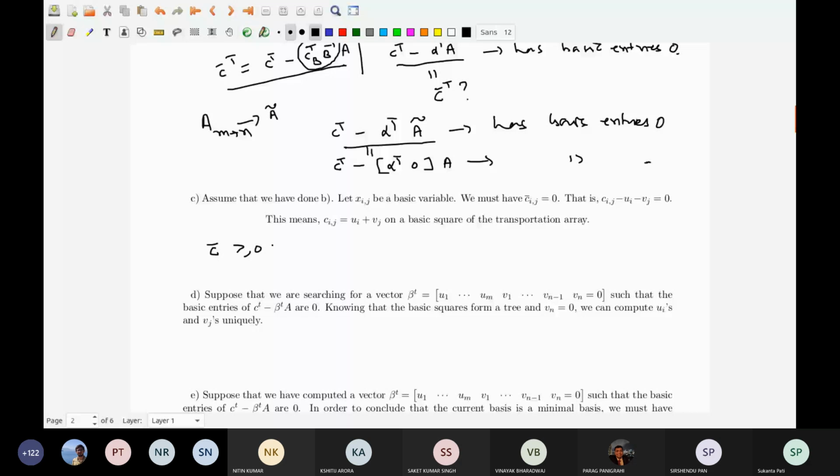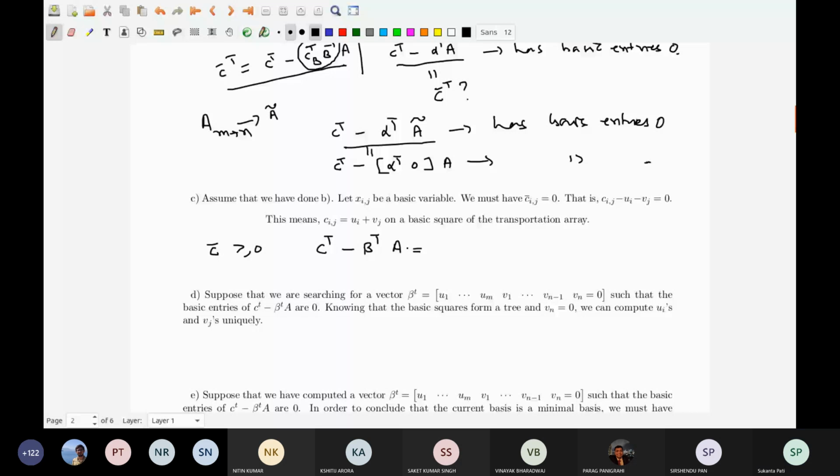this beta transpose A. This C transpose is a big vector. Beta transpose, because A has two parts, right?